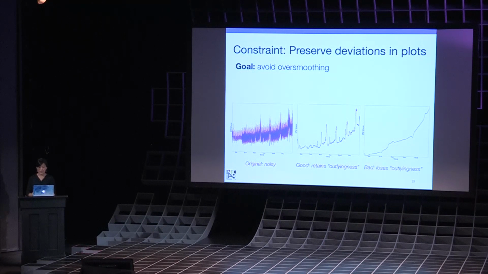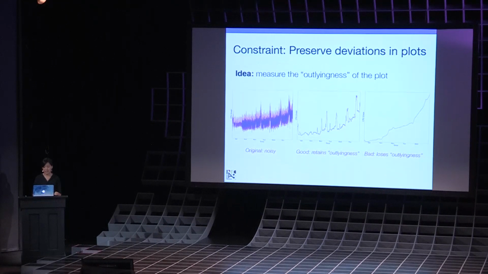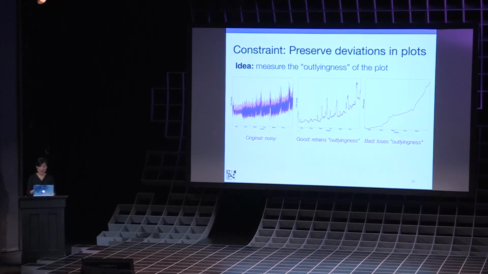While the second one is not as great because it smooths away more context in the original graph. And the difference between these two is essentially that good smoothing preserves some type of deviation or outlierness in the original plot. So maybe we could just use that as a metric to stop us from oversmoothing.